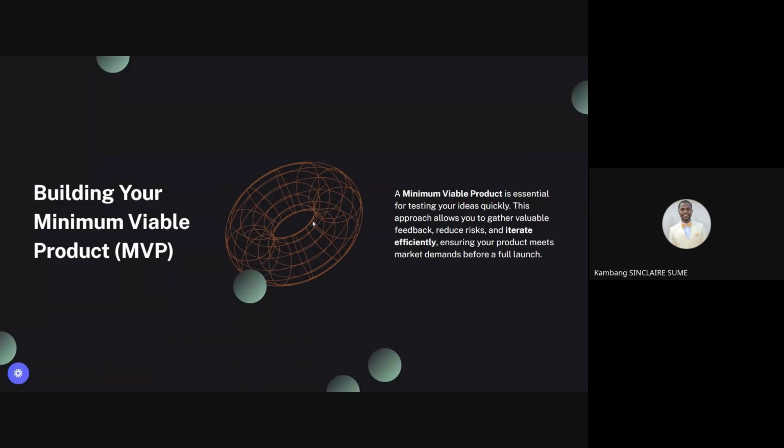Think of a minimum viable product as the first version of a car which is not painted, does not have AC, does not have the decorations, the beauty, but it's just the structure and the tires and maybe some two-side mirrors just to show that we can have something that can move and carry people to their various destinations. So that's like what we are talking about. And today we'll be seeing how you can develop this minimum viable product with code tools.